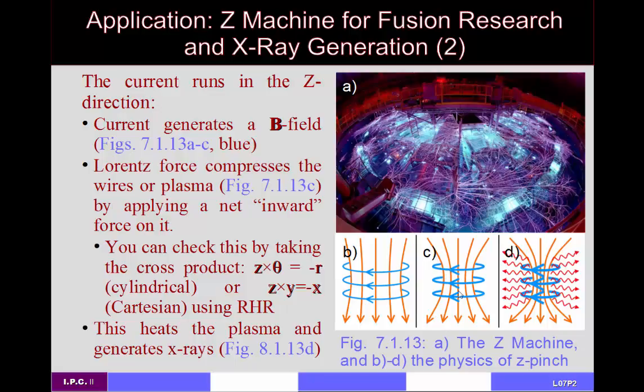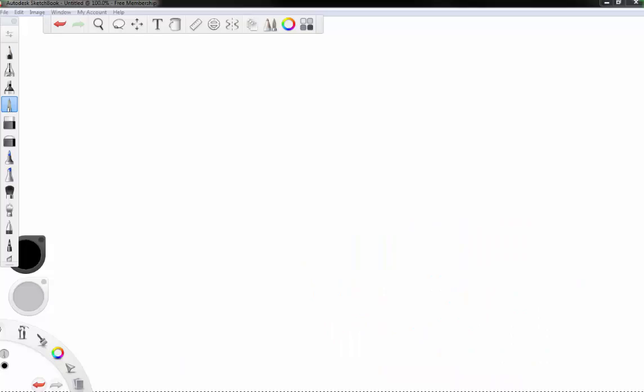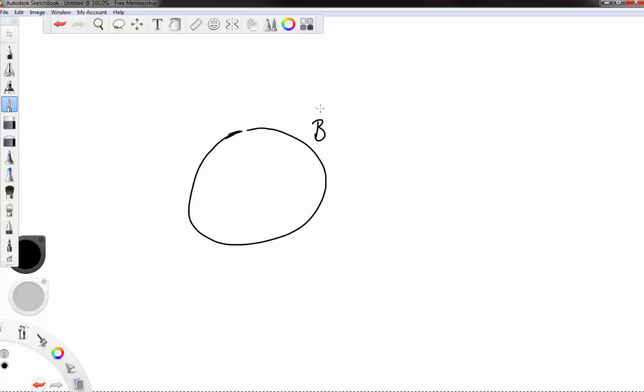So the current, for example, if we were to draw this on a piece of paper, let's look at it from above. Our magnetic field, B, is moving in a circle. A given wire might be right here. The current is basically into the page at this point.